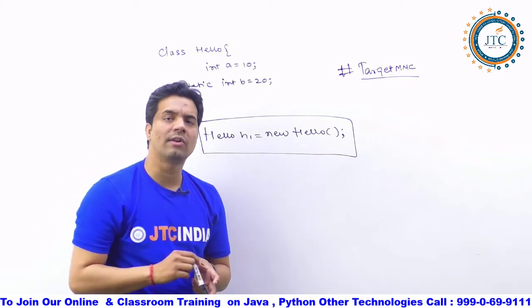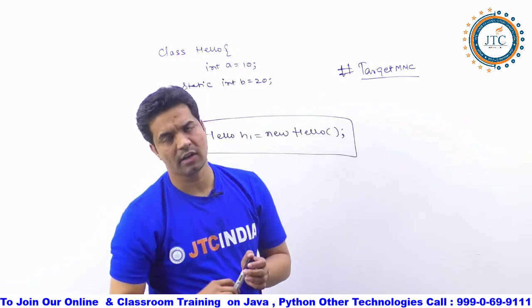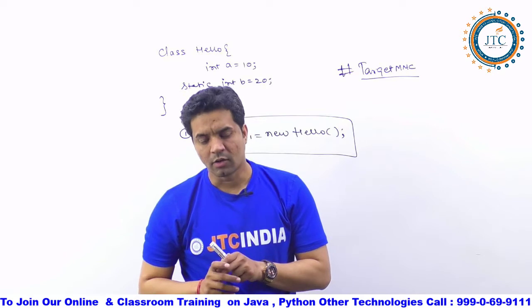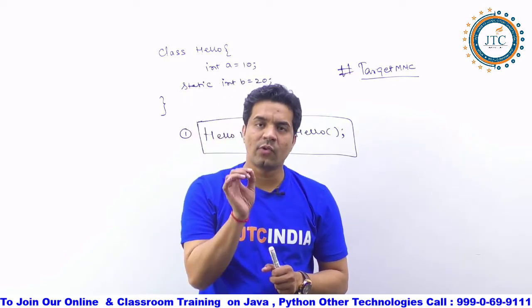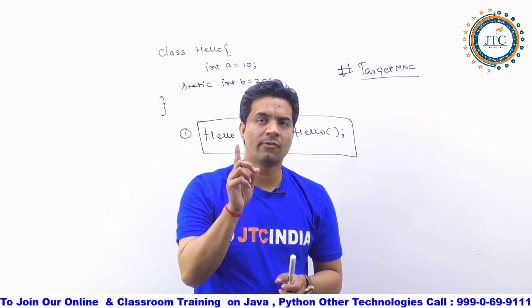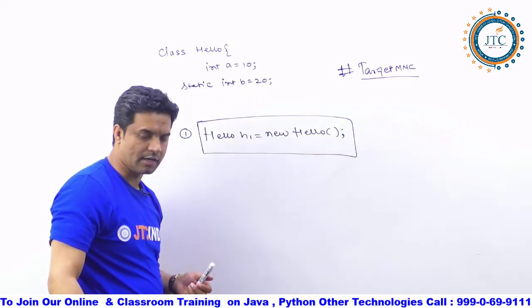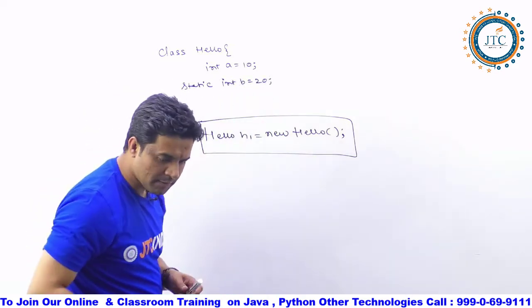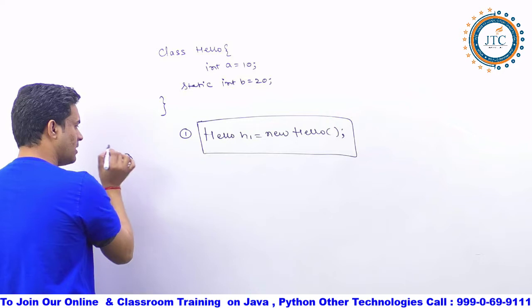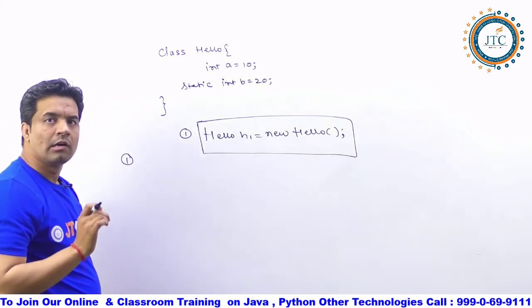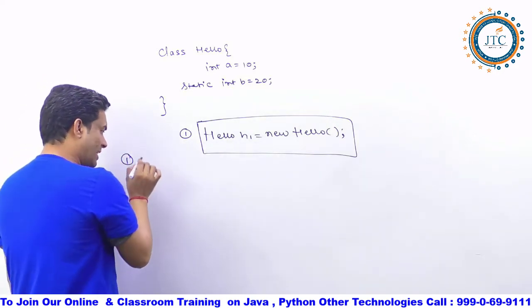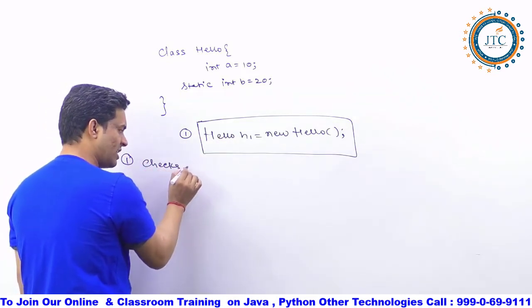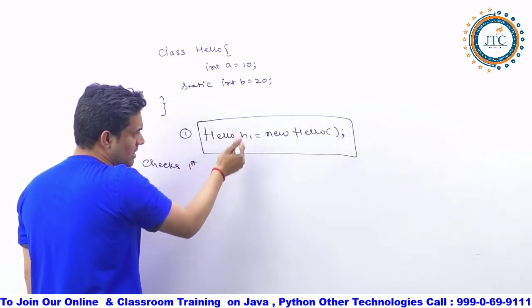So what will happen whenever we are creating any object of a class? What all sorts of things are going to happen? First, it will check. What is it going to check? The very first task, and I'll write it here: it checks first this class.